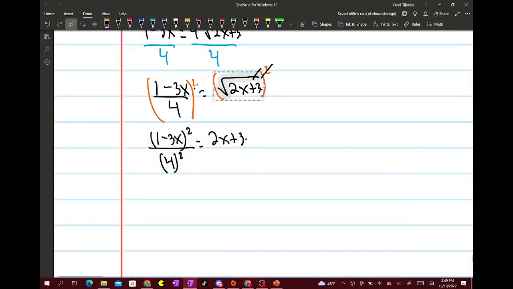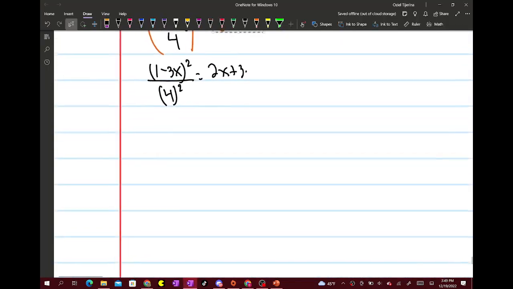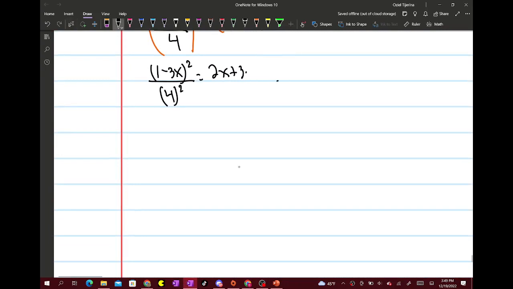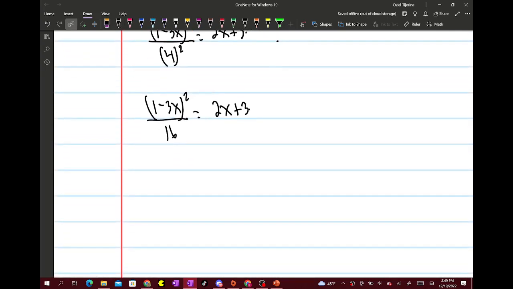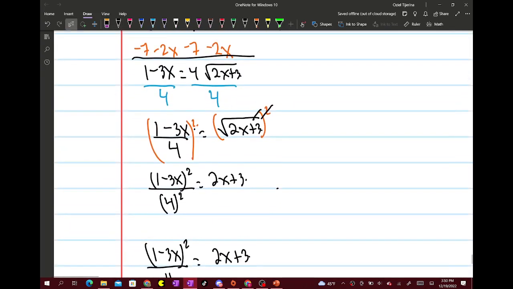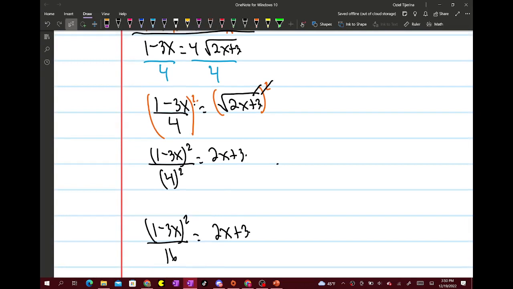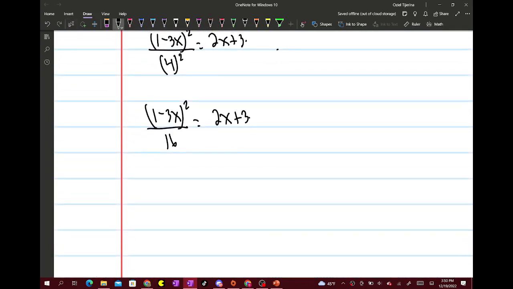So then we're going to go ahead and, let's see. So we have (1 minus 3x) quantity squared over 16, since 4 squared is 16, equals 2x plus 3, right? And then from here, you're going to put 16 on the other side of the equation.